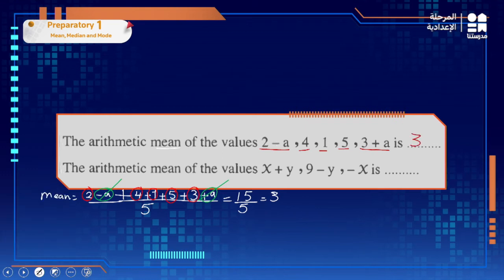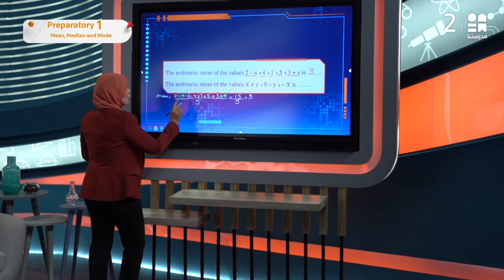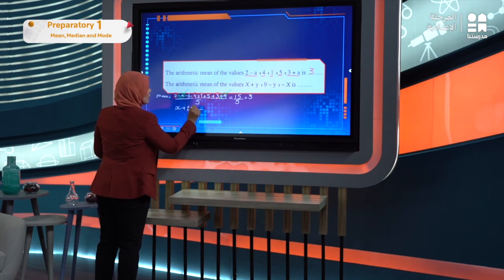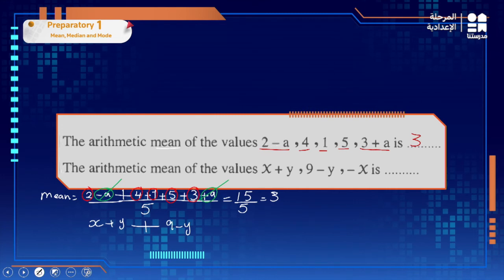Okay. Find the arithmetic mean of the values x plus y, 9 minus y, and negative x. No need to order them. Let's add them immediately: x plus y plus 9 minus y minus x. And how many values are there? 1, 2, 3. So divide by 3.